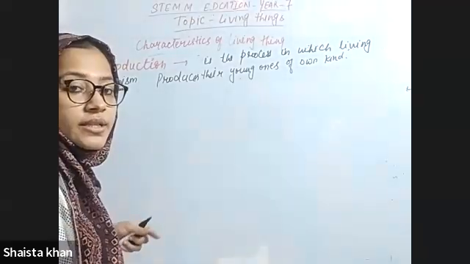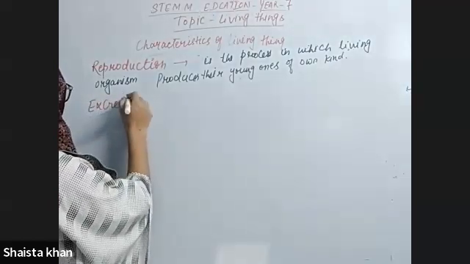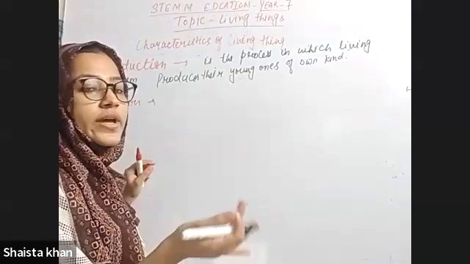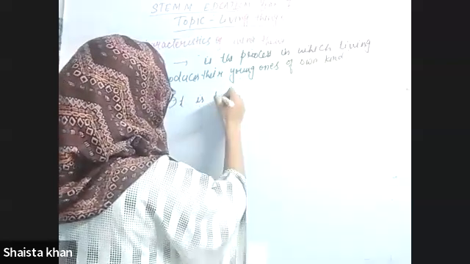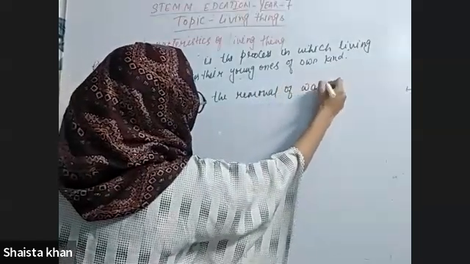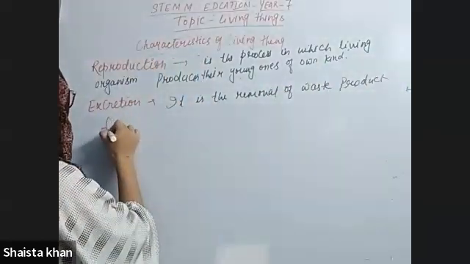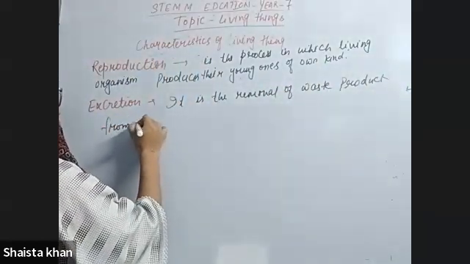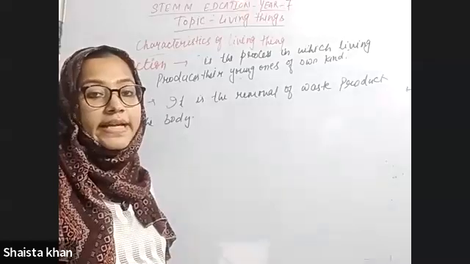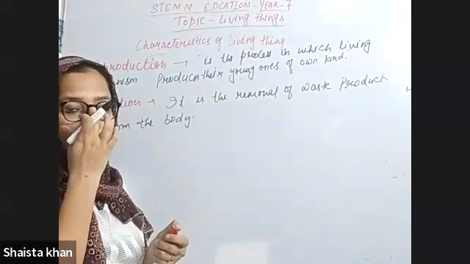The next characteristic is excretion. Excretion is the removal of waste products from the body. For example, a plant also excretes, in the form of waste.